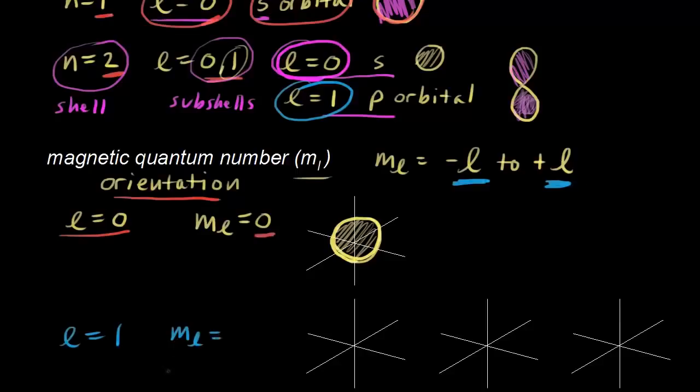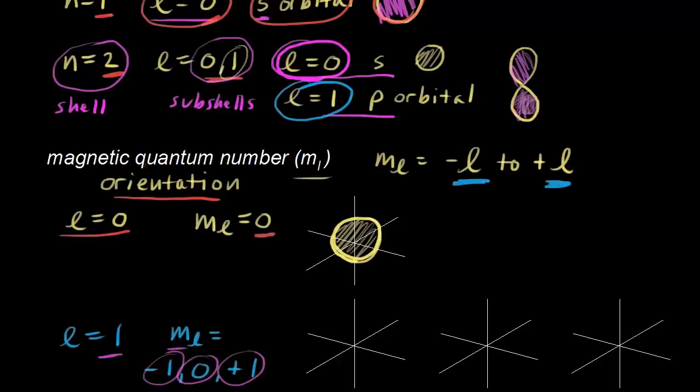So we can have negative 1, 0, and positive 1. So when L is equal to 1, we have three possible values for the magnetic quantum number: 1, 2, and 3.